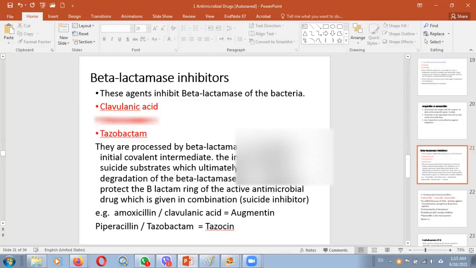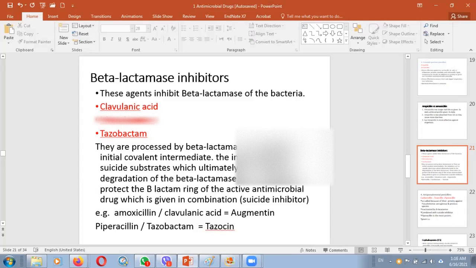The inhibitors act as a suicide substrate, which ultimately leads to the degradation of beta-lactamase. What does suicide substrate mean? These agents will be taken up by beta-lactamase, which deals with them as it would deal with a beta-lactam drug, like penicillin.